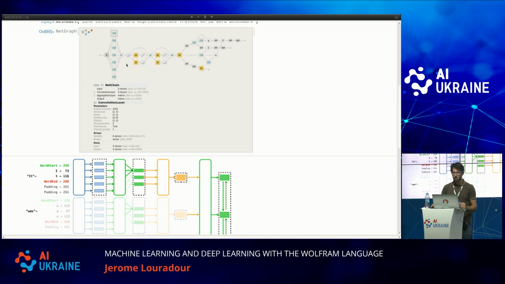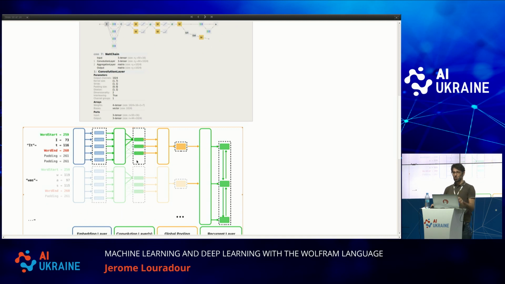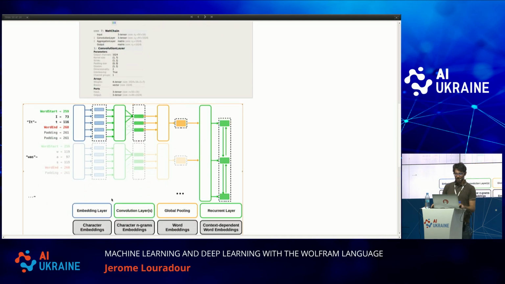Okay, so here, for example, the ELMo, maybe I have a little time to explain what it is doing. First, this is a graphical representation of this network. What the ELMo is doing first is classical word embeddings, where it's just mapping each word with a lookup table to a vector space.